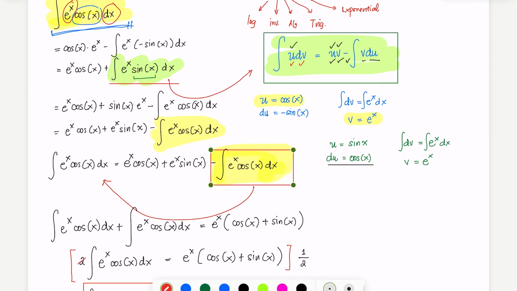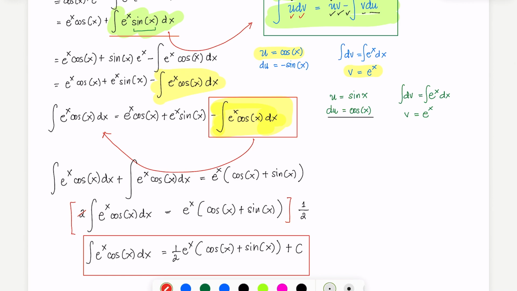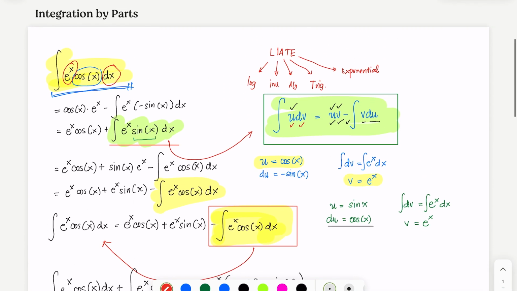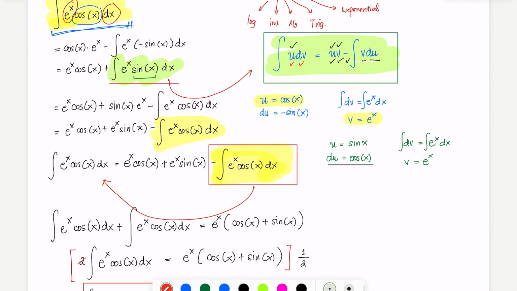It's easy to manipulate if you're getting in your solution the same exact integral that you're looking for. You just have to move that to the other side, just like a plus a, that will become 2a. All right, so that's it for the second example of integration by parts for indefinite integrals. Up next is integration by parts for definite integrals.